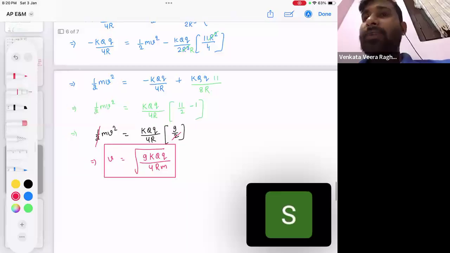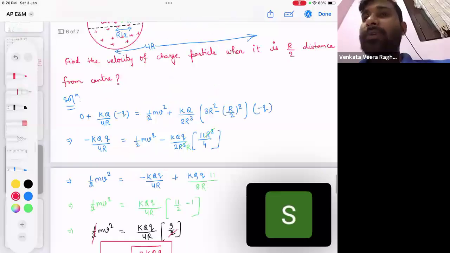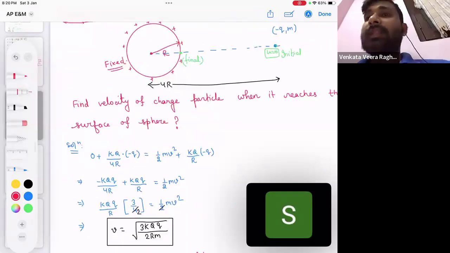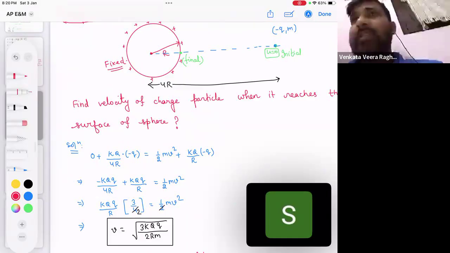Do you see that both questions are the application of how we write the potential due to a conducting sphere and potential due to a non-conducting sphere. The first example was writing the potential due to a conducting sphere if the point is outside the sphere and if the point is on the surface.